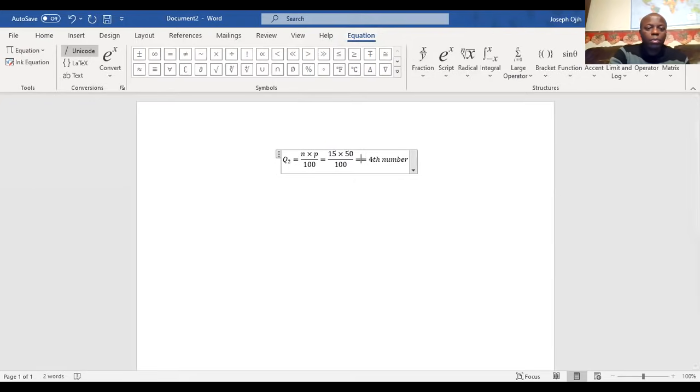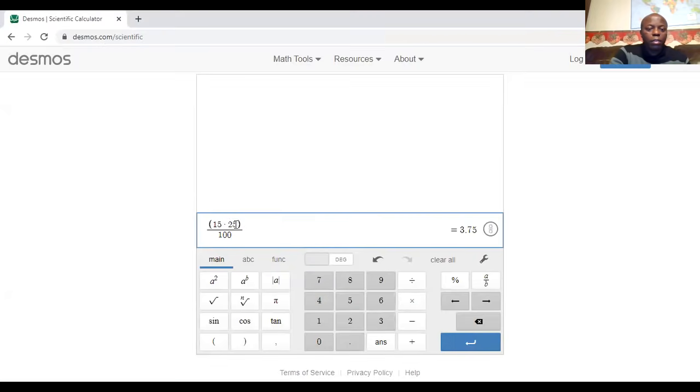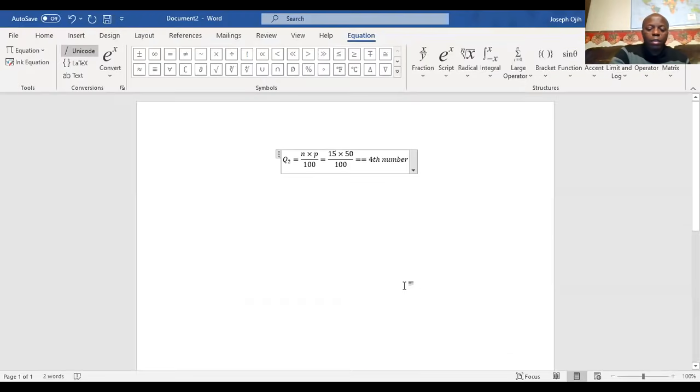So I'm going to take it to the Desmos calculator. So we have 50 times 15 divided by 100, and we get 7.5, which is the 8th number. So let me take it back to our workbook. 7.5, which is the 8th number.